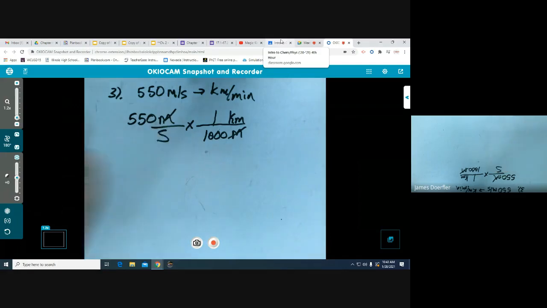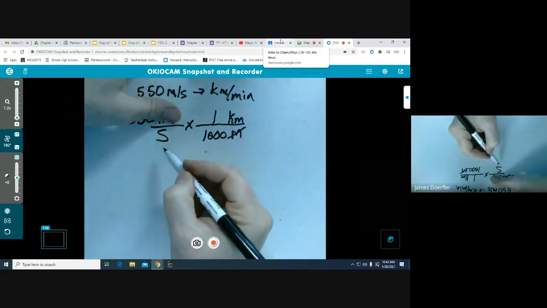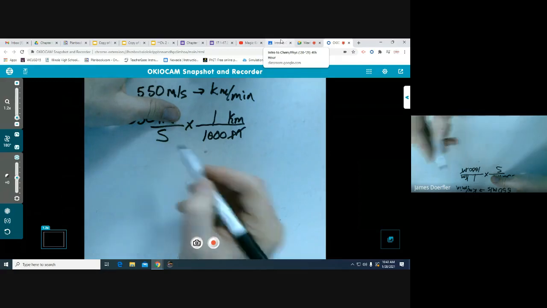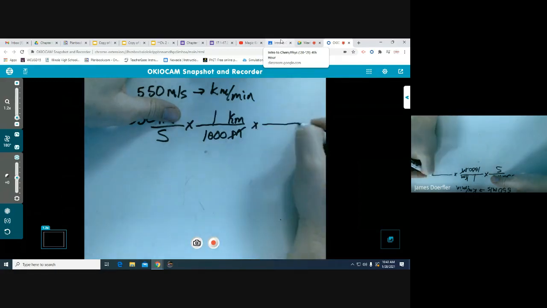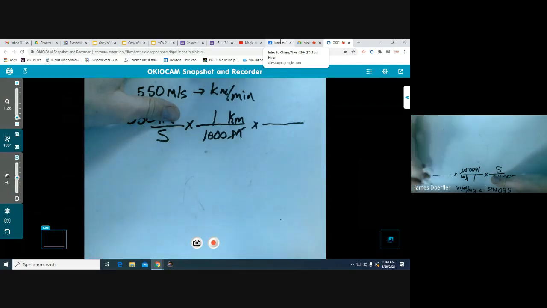So we shift our thought a little differently. This time I pretend that that meters unit isn't there, and I address the seconds. Okay? But we're going from seconds to minutes. This time, who goes where? Thinking that we have to cross cancel. Very, very good.